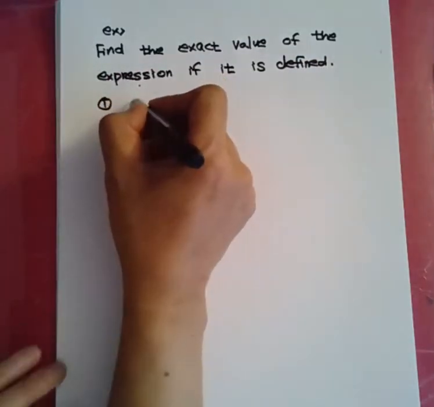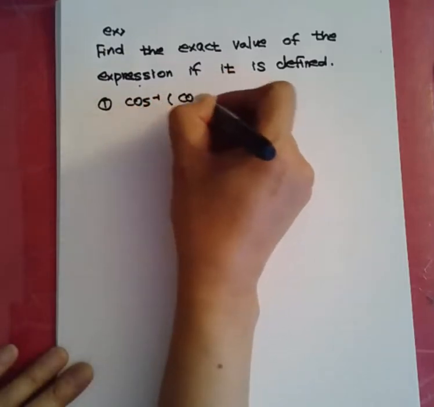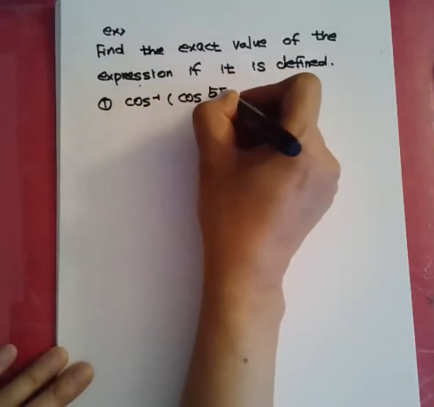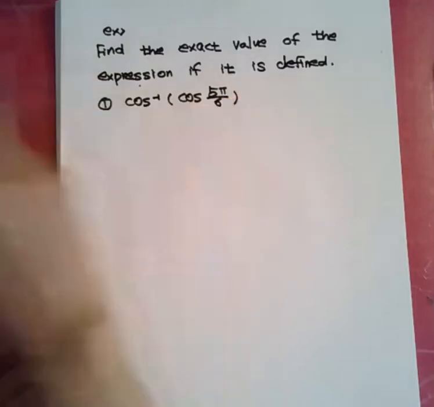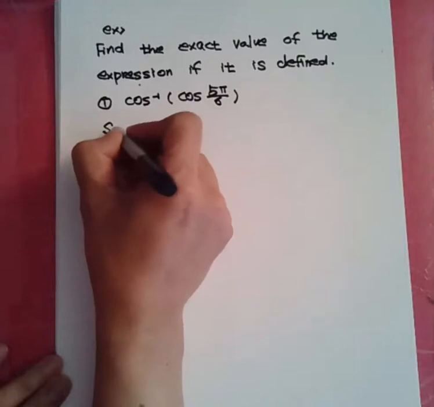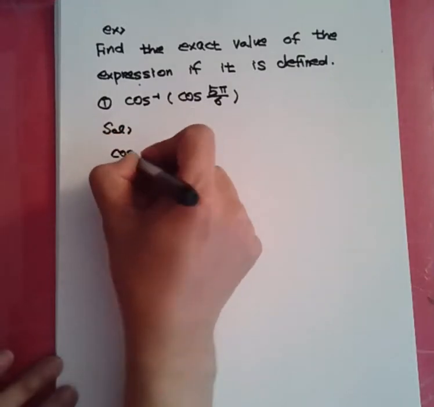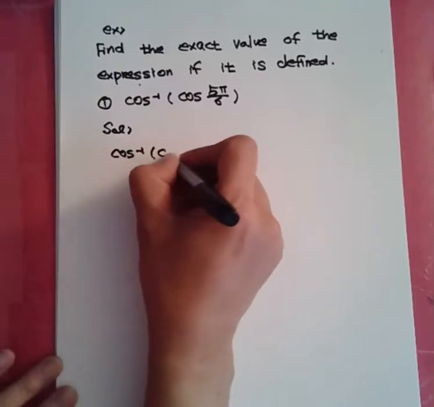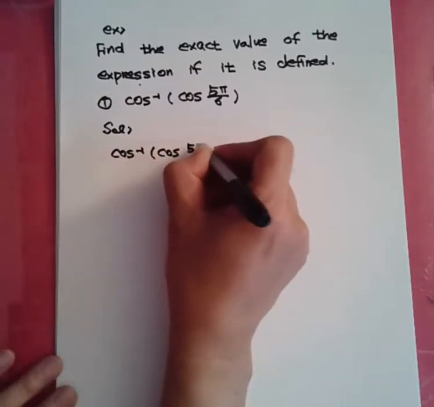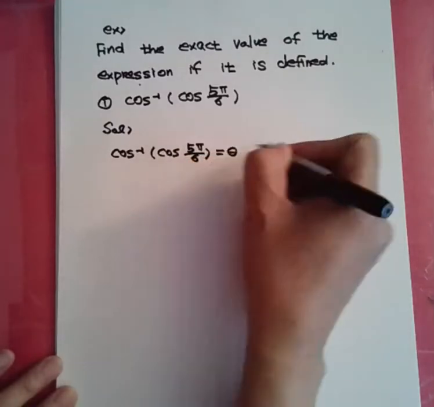The first question is cosine inverse of cosine of 5 pi over 6. Let's put cosine inverse of cosine 5 pi over 6 as theta.